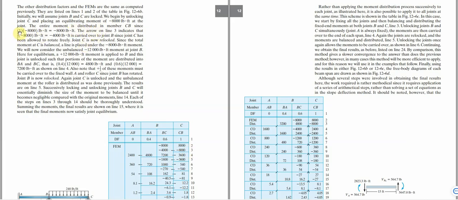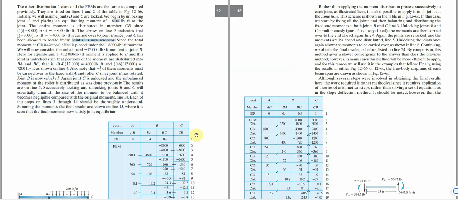Since 1 times minus 8,000 is equal to minus 8,000, the arrow on line 3 indicates that half of minus 8,000 ft-lb, which is minus 4,000 ft-lb, is carried over to joint B, since joint C has been allowed to rotate freely. Joint C is now relocked.